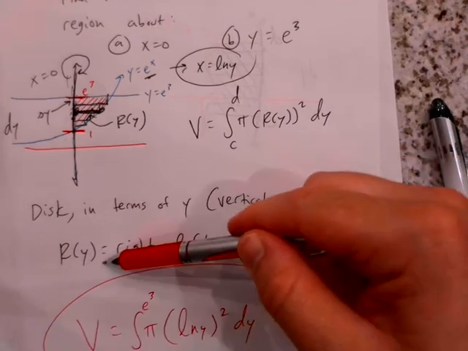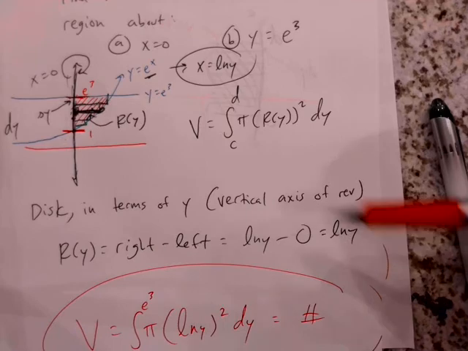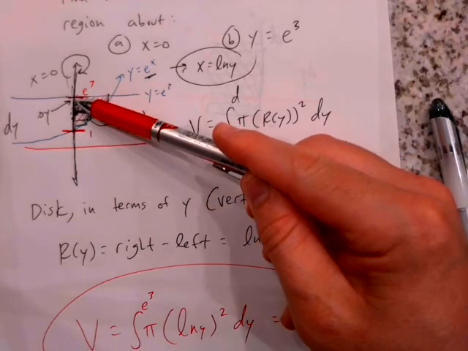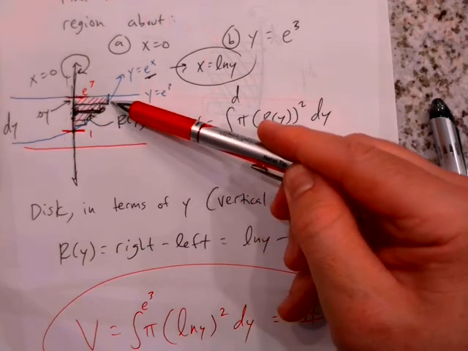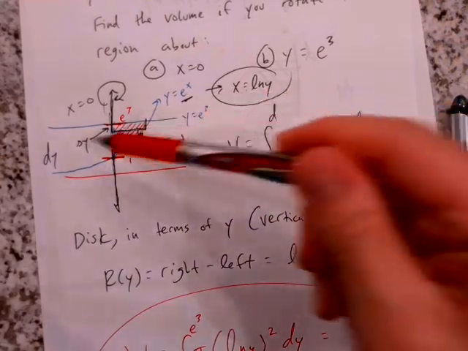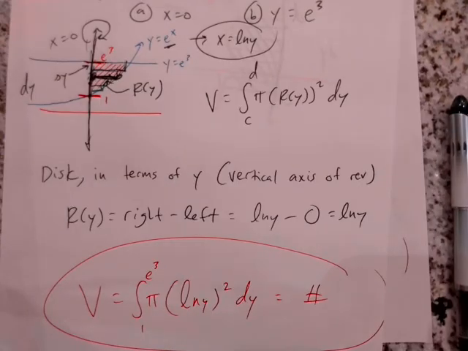And the radius of each of those cylinders that we use to approximate it is this length right here. What is the length from the y-axis to the curve? In terms of y, that is log y minus 0. And there you have it.